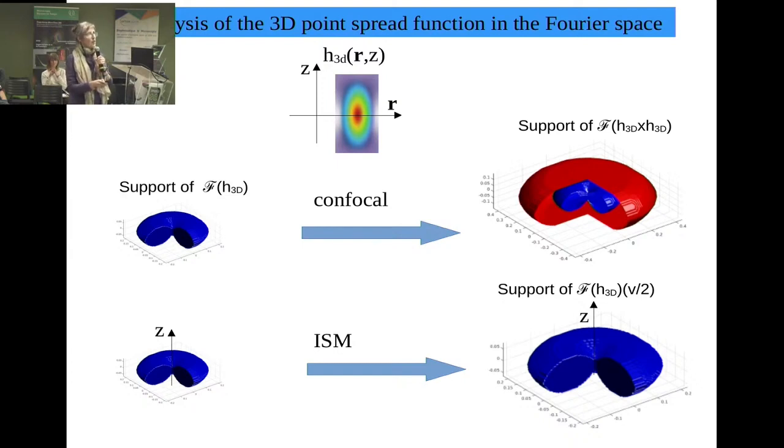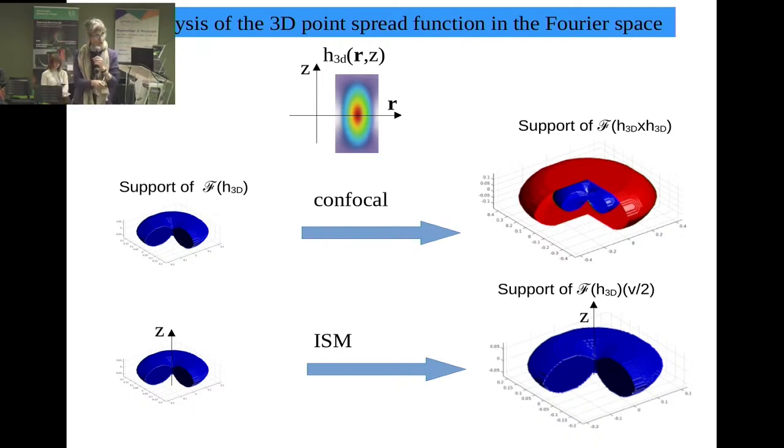For the confocal, of course, the support is the support of the square of the wide field point spread function, so it is the convolution of this torus with itself, and it gives you a big galette, which now has spatial frequency along the optical axis, so you are able to see the fluorescent plane. And the ISM, the image scanning microscopy, is just the dilatation of this domain by a factor of 2, and you still don't have any frequency along the optical axis.